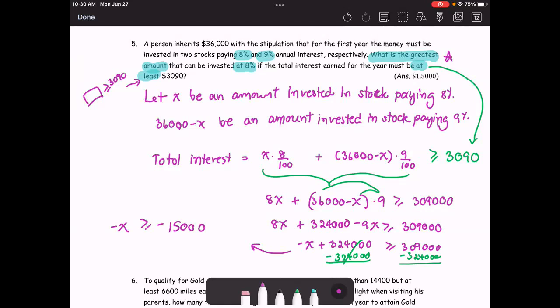And to solve for x, multiply both sides by negative 1, or you can treat it as dividing both sides by negative 1. So the inequality symbol switches to the opposite. Then we get x is less than or equal to 15,000. So that means the greatest amount that can be invested at 8% is $15,000.